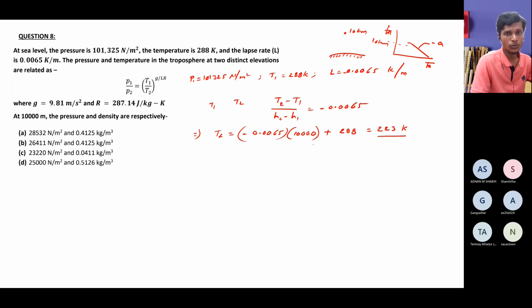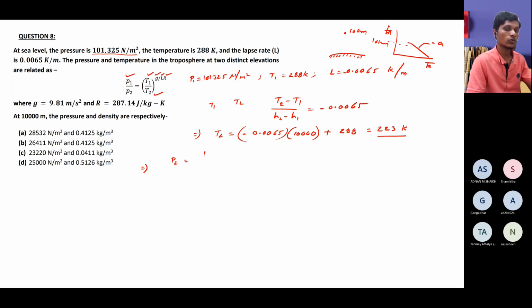Now in this equation I have T1, I have T2, and I have P1. G is a constant, L the lapse rate you have, and R is also a constant and given. So substitute all the values and solve for P2.